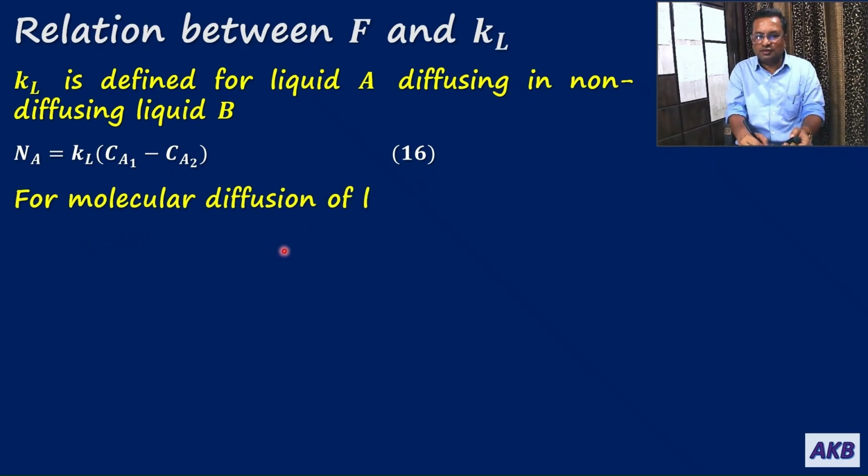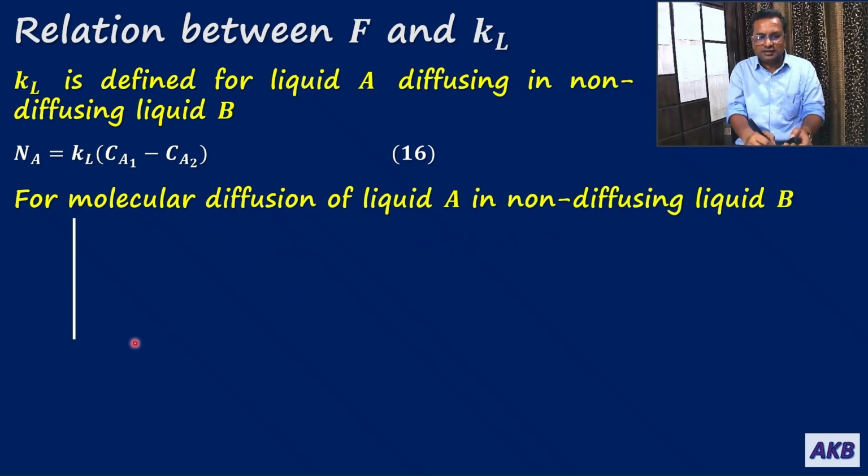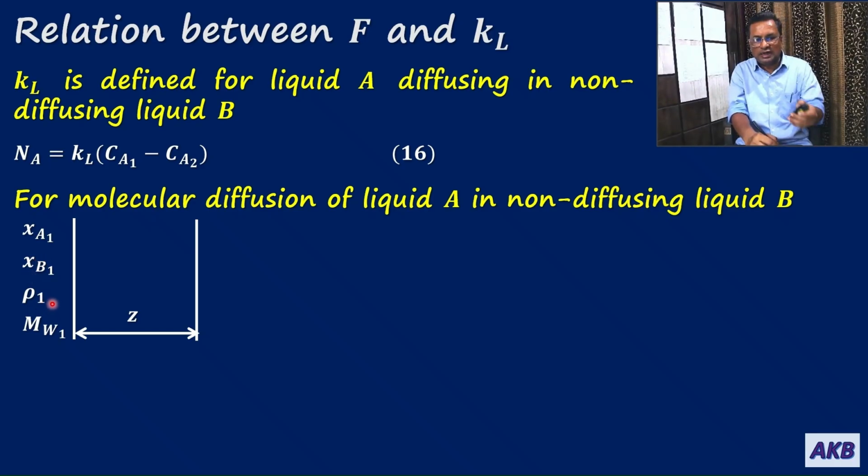So for molecular diffusion of liquid A in non-diffusing liquid B, that means when you have two planes separated by a distance of Z, at one plane, the mole fractions are XA1, XB1, density of the solution at plane 1 is rho 1, and molecular weight of the solution at plane 1 is MW1.